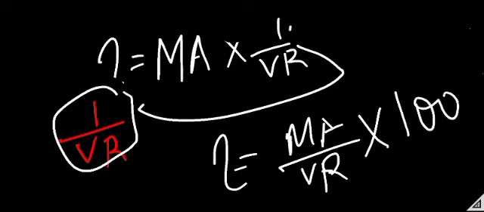So the relationship between efficiency, velocity ratio and mechanical advantage is: efficiency is equal to mechanical advantage over velocity ratio times 100.